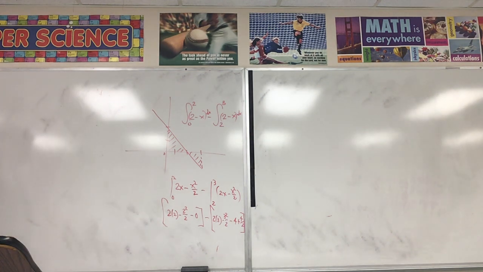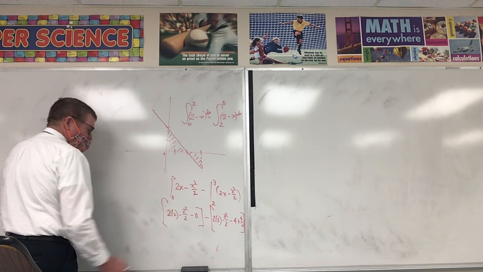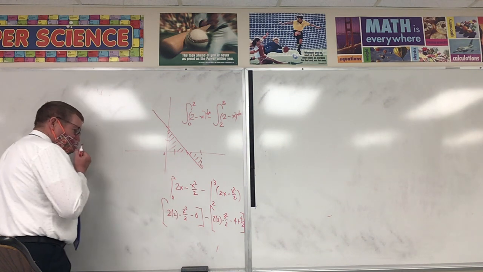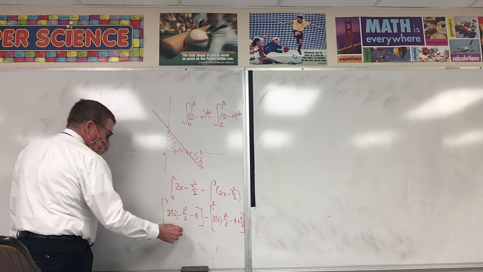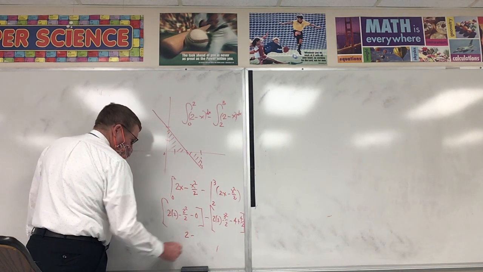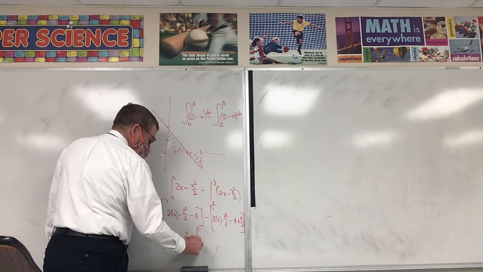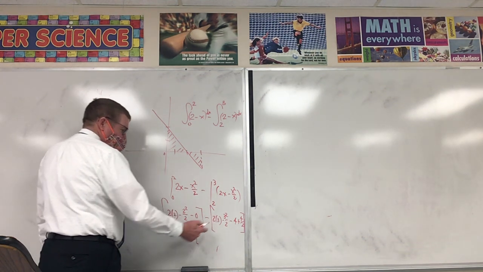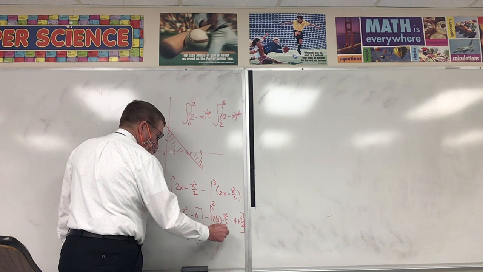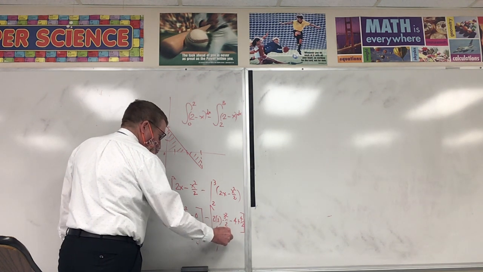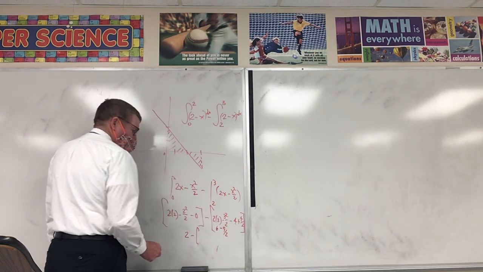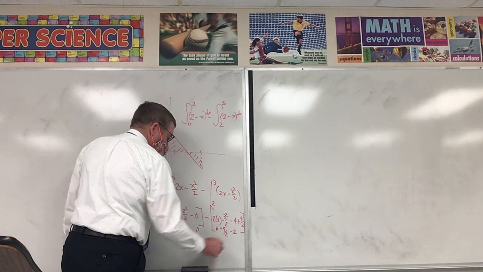So we just plug it in. 4 minus 2 squared over 2 is 4 minus 2, which is 2. Minus 6 minus 9 over 2, minus 2.